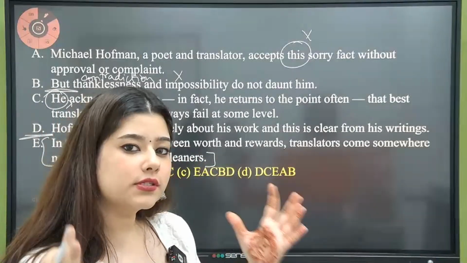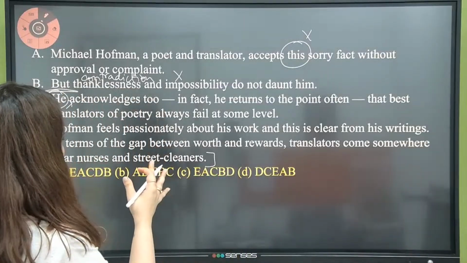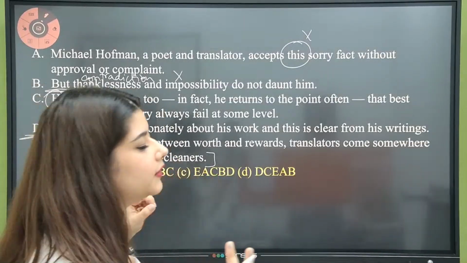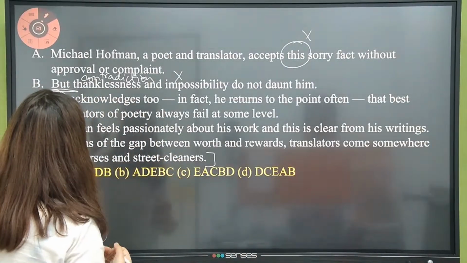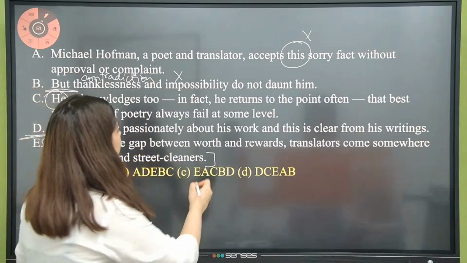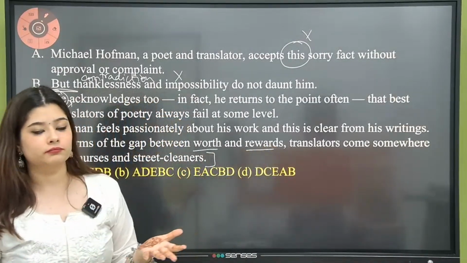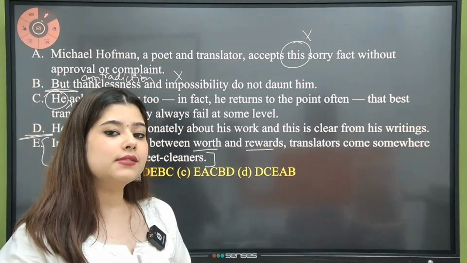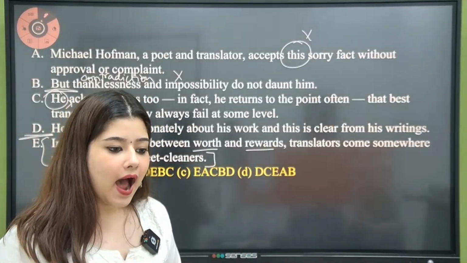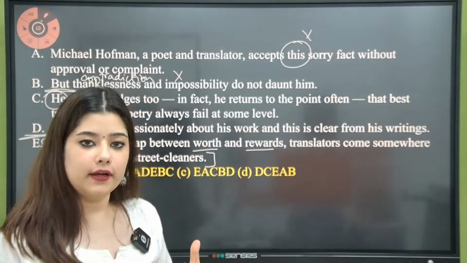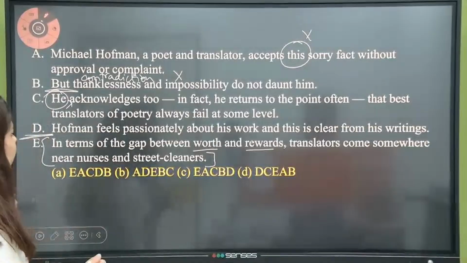It introduces a connotation, and what is it talking about? It is talking about that in terms of the gap between worth and rewards, how much someone is worth and are they actually being rewarded in that capacity.